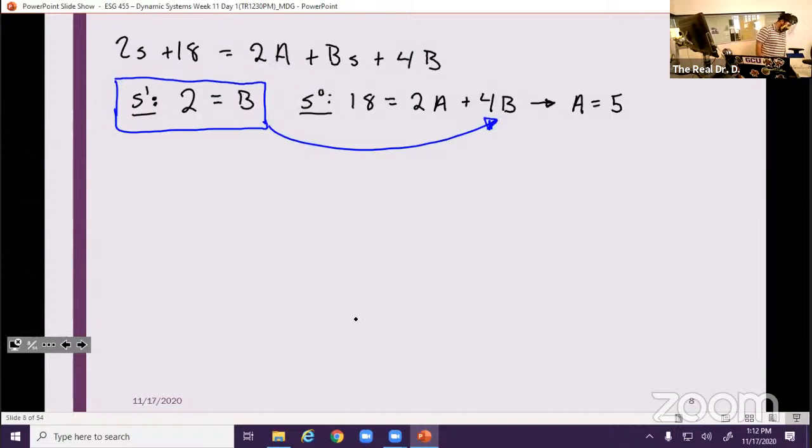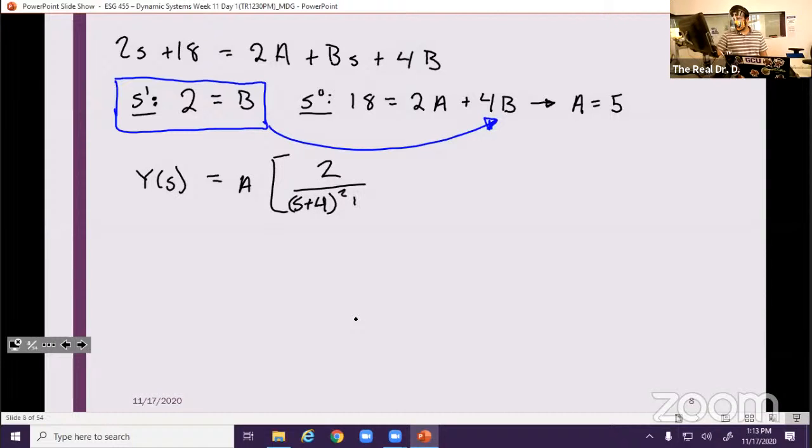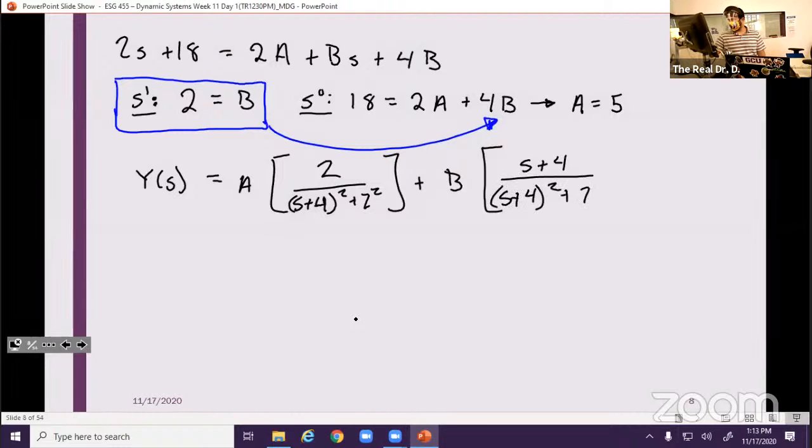Correct. So what we do now, right, is we say, well, I know y of s was equal to a times 2 over s plus 4 squared plus 2 squared plus b times s plus 4 over s plus 4 squared plus 2 squared, right?